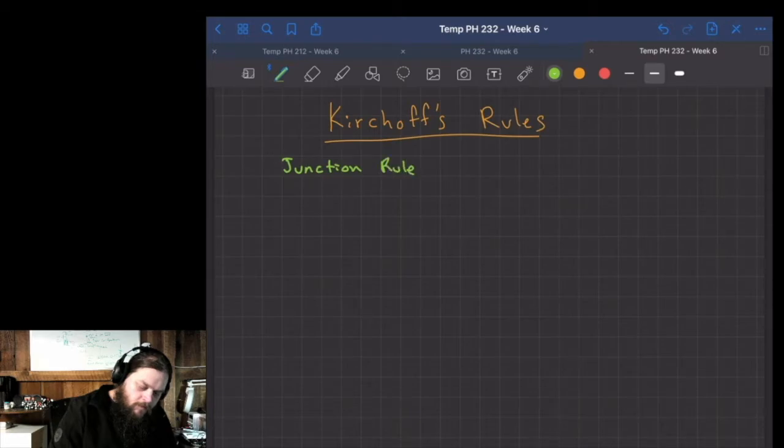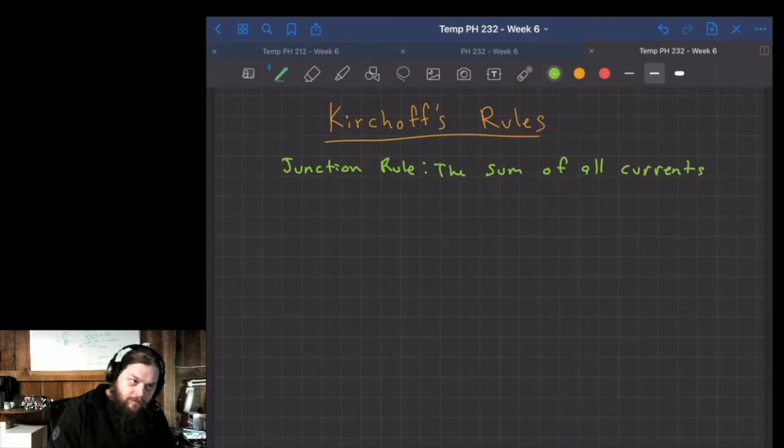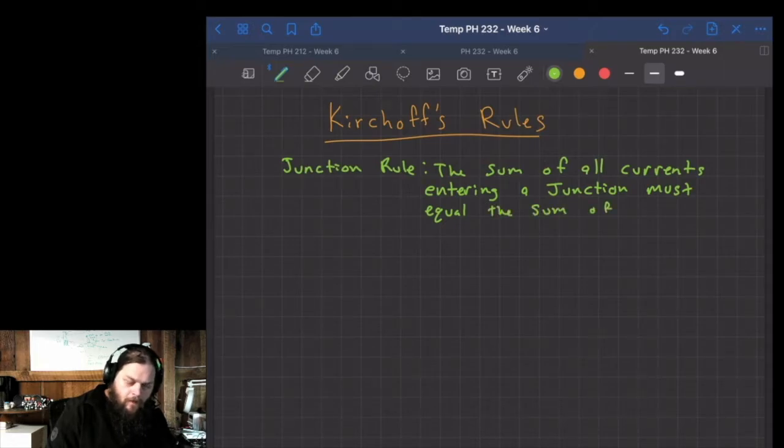So the junction rule says the sum of all currents entering a junction must equal the sum of all currents leaving the junction.